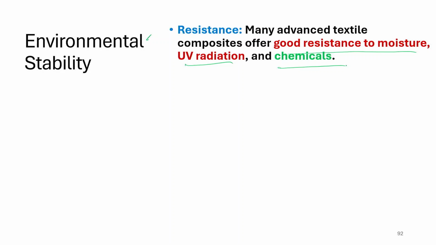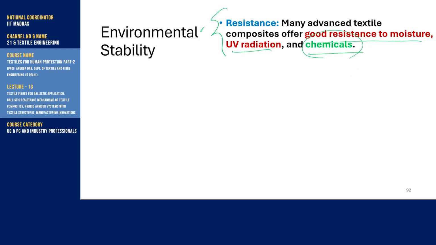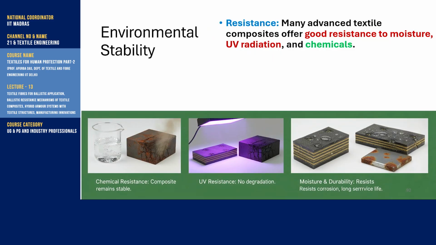So, if we select the composite in such a fashion, we have flexibility, and we can create a composite which will be chemical resistant, UV resistant, or even moisture resistant. Also we can create high temperature resistant ones. We can do different types of manipulation with textile-based composites, like you can see here, a chemical resistant composite.